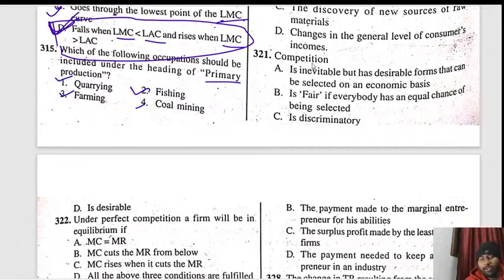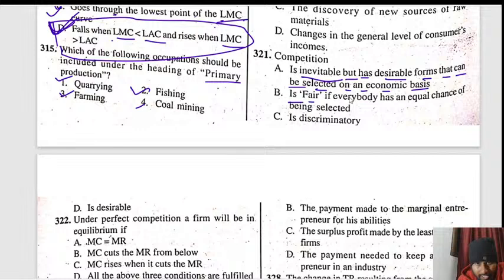Question number 321. Competition is inevitable but has desirable forms that can be selected on an economic basis.